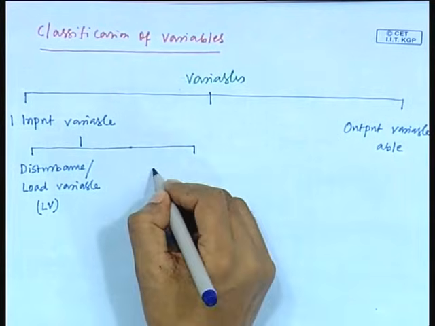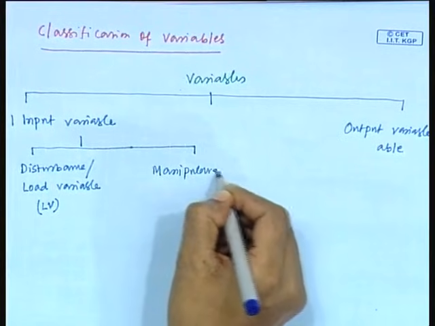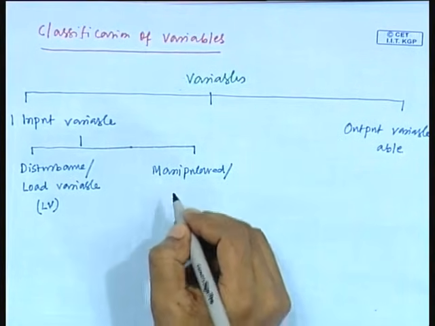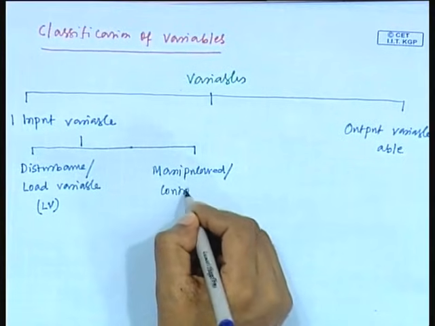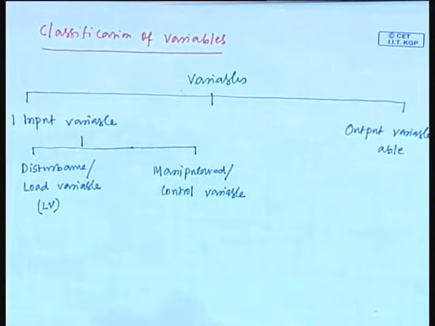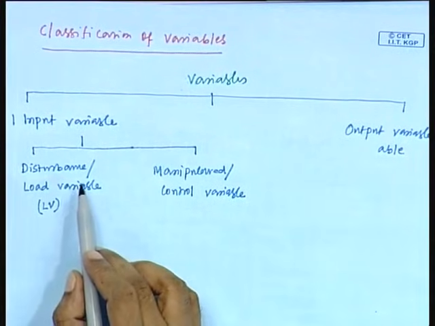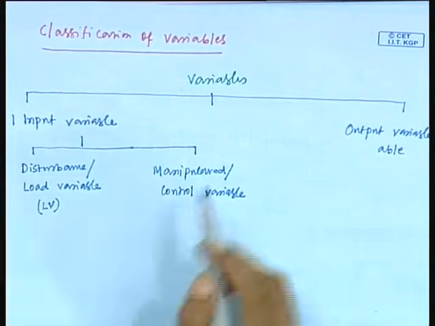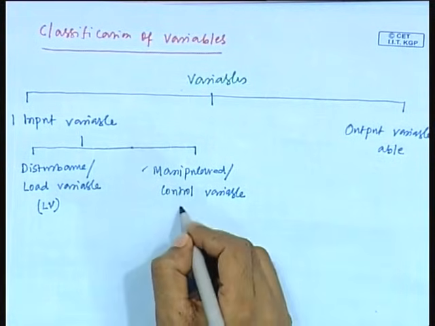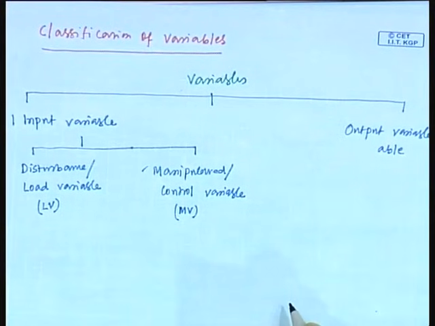The second input variable is the manipulated or adjustable variable, sometimes called the control variable, which we can represent by MV.